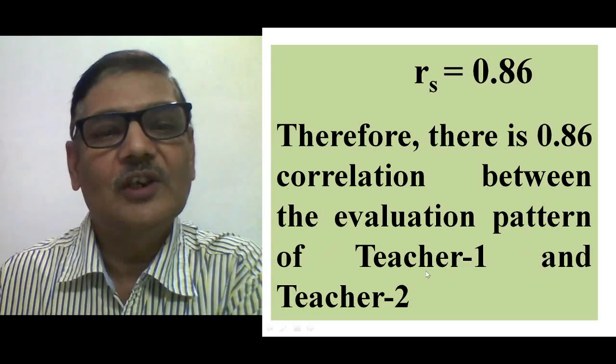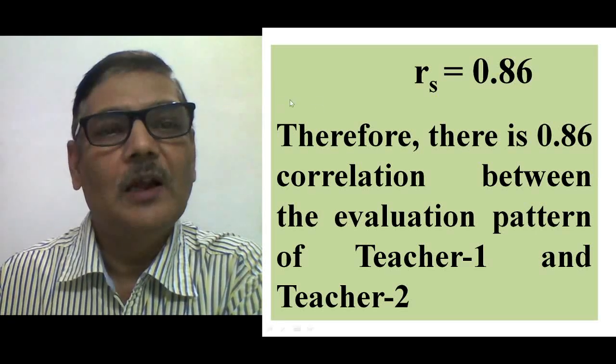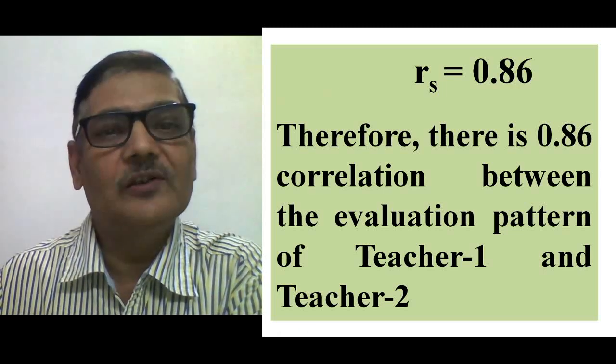So it is such a simple method of calculating Spearman's correlation coefficient. In fact, suppose there are 10 contestants and 5 judges who are judging these contestants.